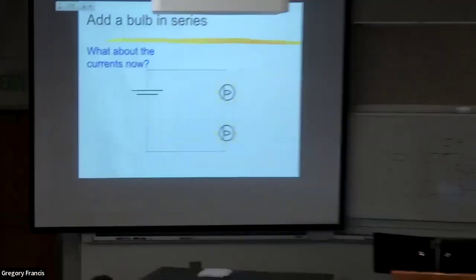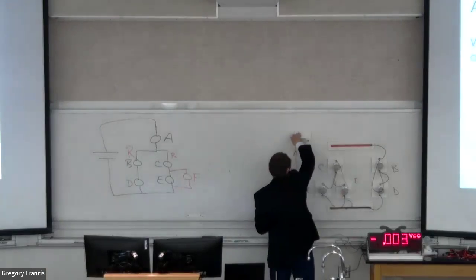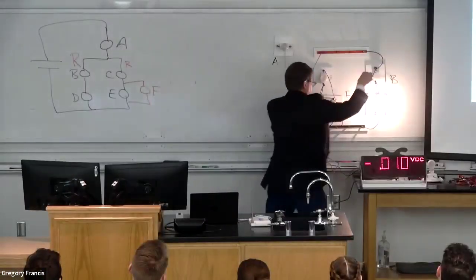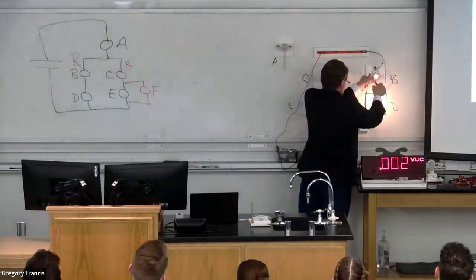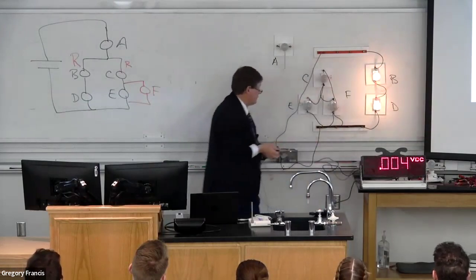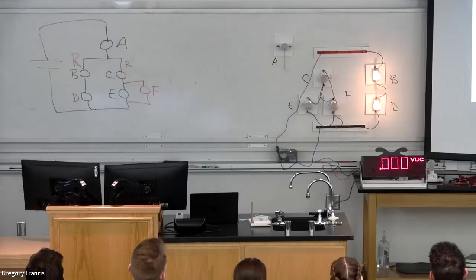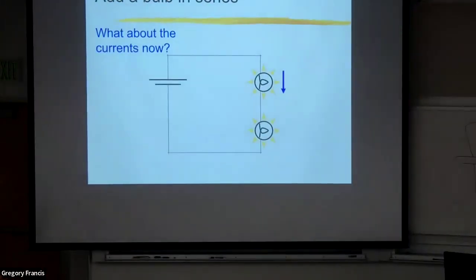And if I look at two bulbs in series, they're dimmer, but they're the same dimmer, okay? Now, more flow, more glow means that they have less flow than the single bulb, but the same flow as each other. And we know that they're sharing the current like a book. And so the current through the battery went down. We talked about that last day.